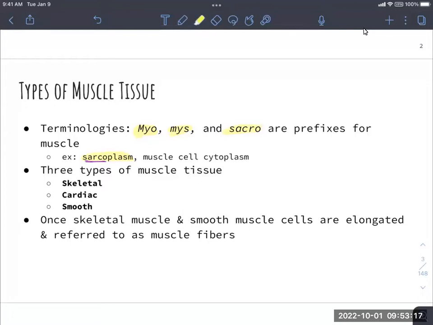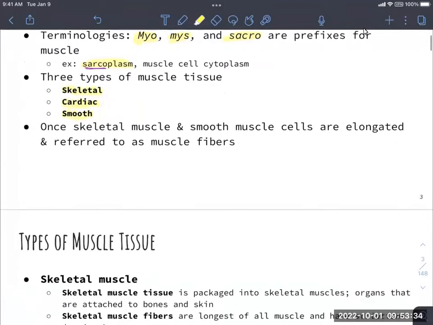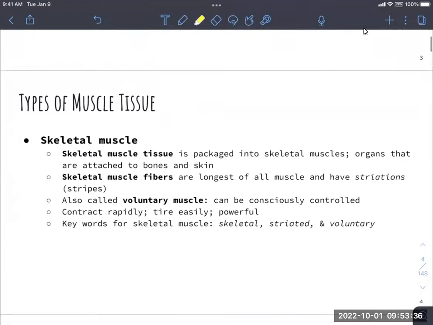As we've looked at in the tissues chapter, we have three different kinds of muscle we're going to talk about today: skeletal muscle, cardiac muscle, and smooth muscle. Our skeletal muscle is a voluntary muscle because we can move it consciously. But it's a bundle of elongated cells that attach to skin.